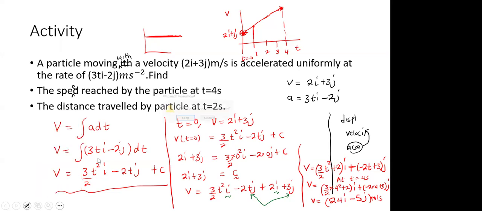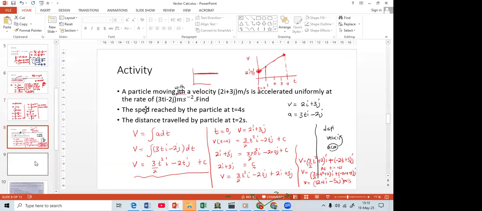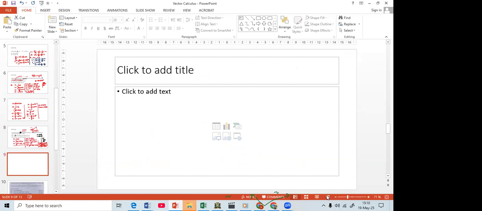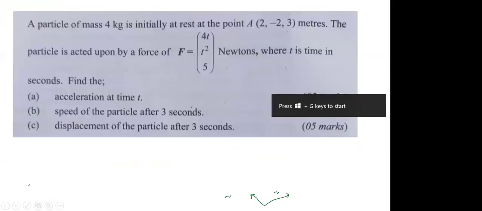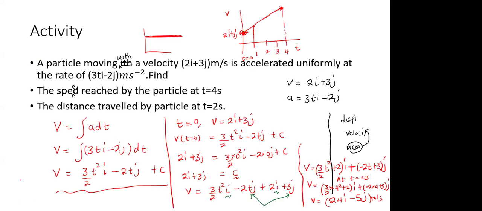So we are going to obtain the magnitude. Now our velocity, we have obtained our answer. I think it was 26, 24. Hope that is what we have.